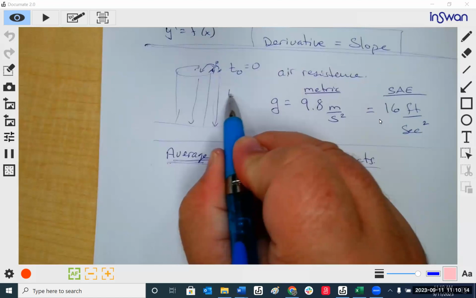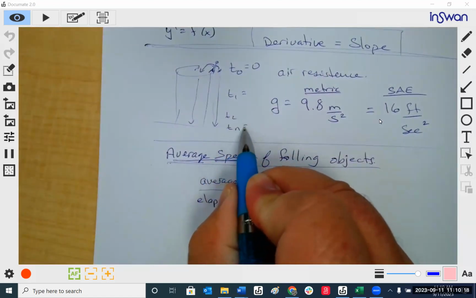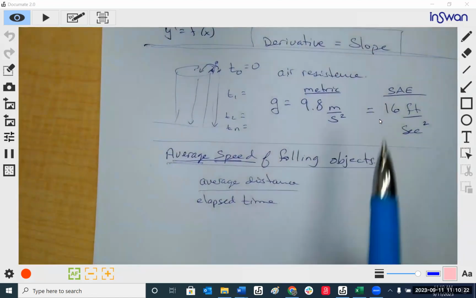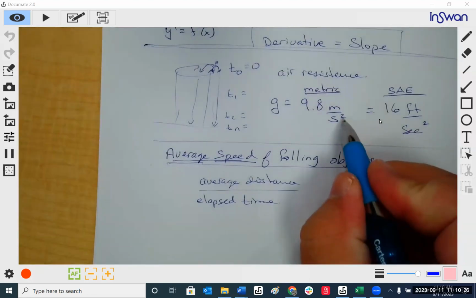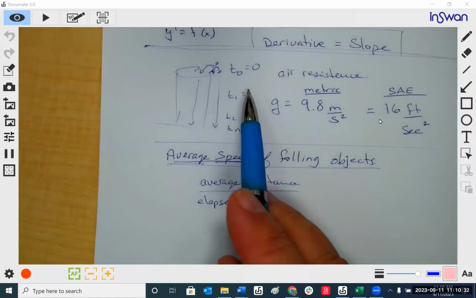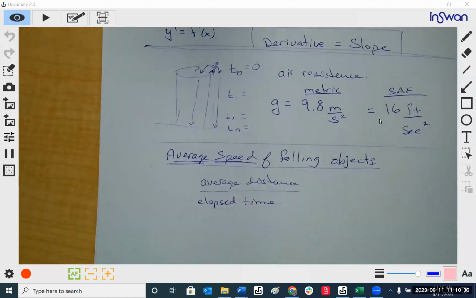And then along the way, at different times, you can figure out, now that we have the constant gravitational acceleration, it's the acceleration, that's why it's squared. It's the second derivative of distance. So now that we know the time intervals and we know the constant rate of an object falling, we can figure out the speed at any given point.